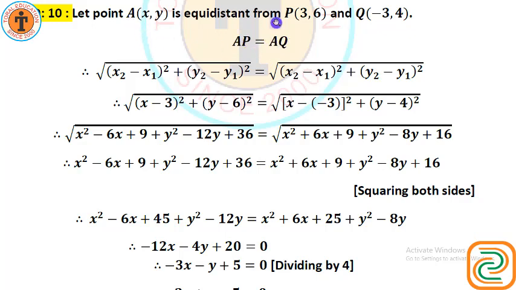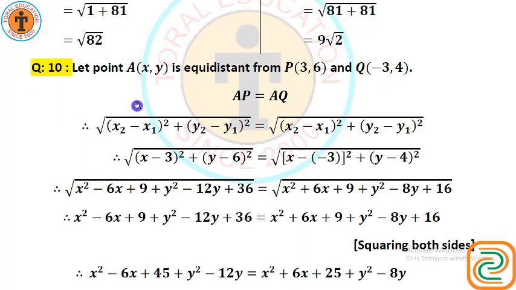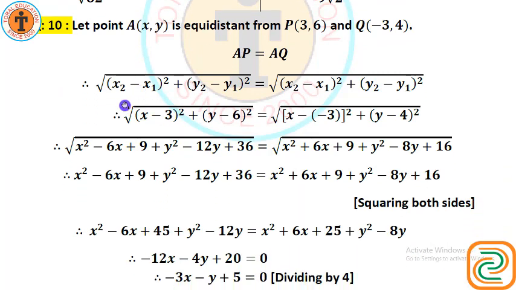Let point A(x, y) be equidistant from P(3, 6) and Q(minus 3, 4). We have taken the same thing as in question number 9. So (x minus 3) whole square plus (y minus 6) whole square equals (x minus minus 3) whole square plus (y minus 4) whole square.